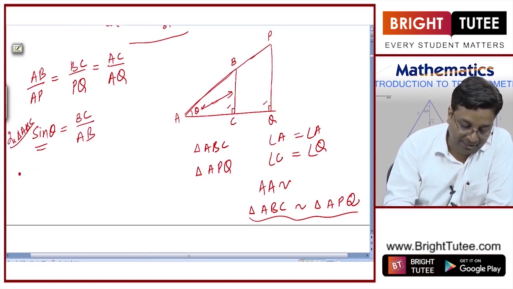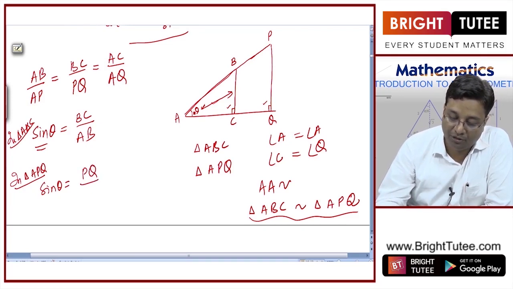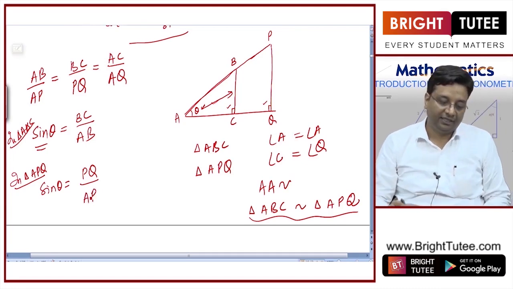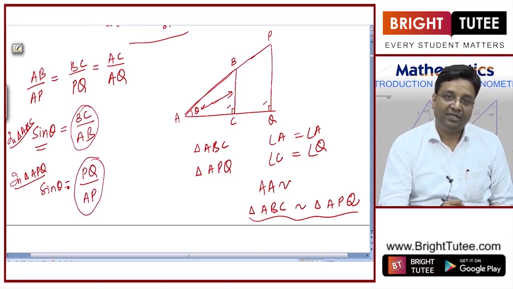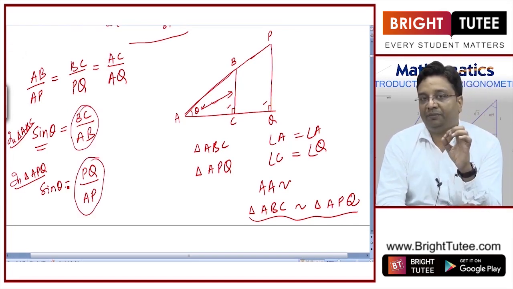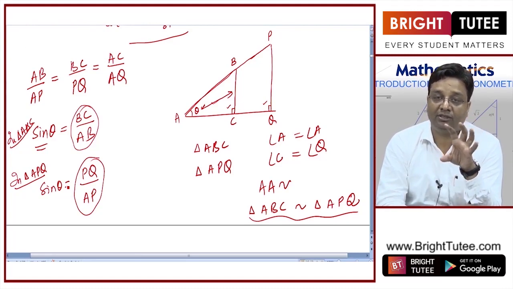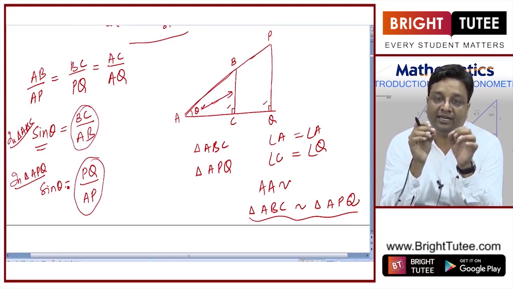So in triangle APQ, what is sine of theta? Opposite is PQ. And what is the hypotenuse? Hypotenuse is AP. Right. So if these two ratios are equal, then we can say that it won't depend on the size of the sides, right? The trigonometric ratios will not depend on the size of the sides. It depends on the angles.